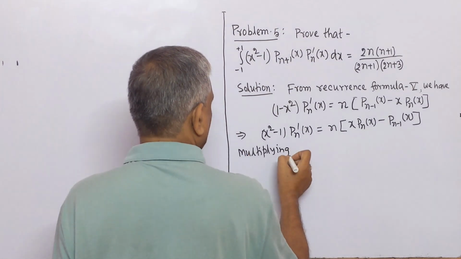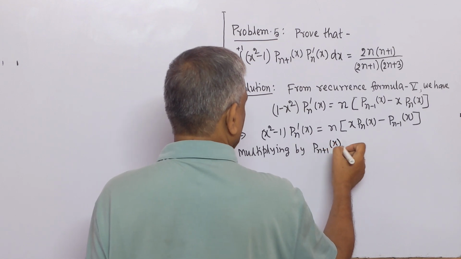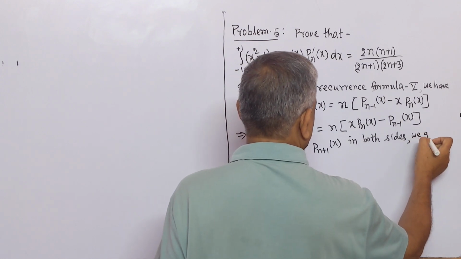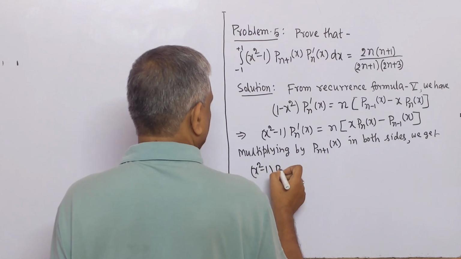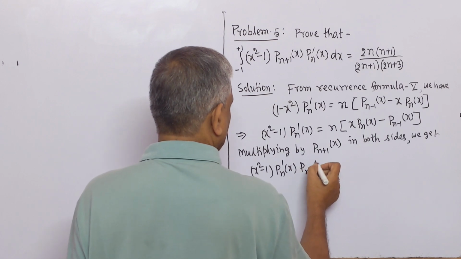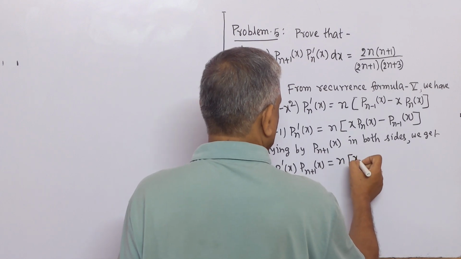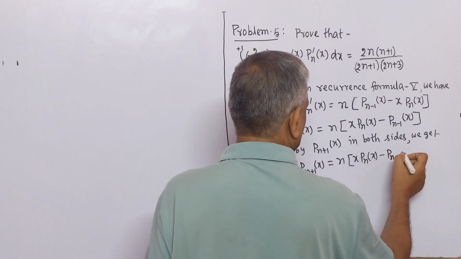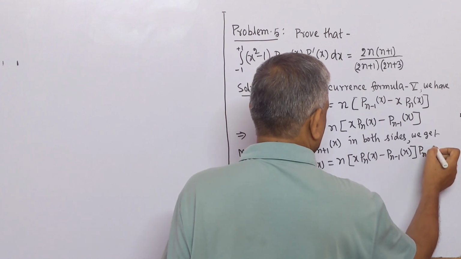Multiplying by P_{n+1}(x) on both sides, we get (x^2 - 1) P_n'(x) P_{n+1}(x) = n [x P_n(x) - P_{n-1}(x)] P_{n+1}(x).